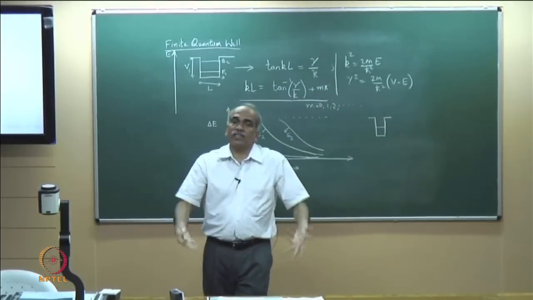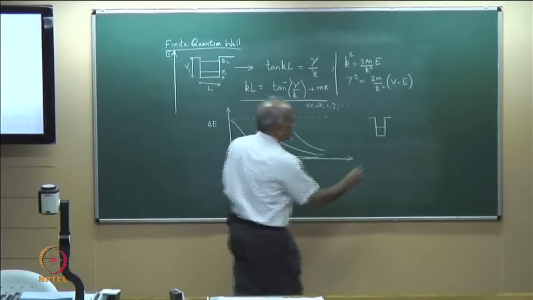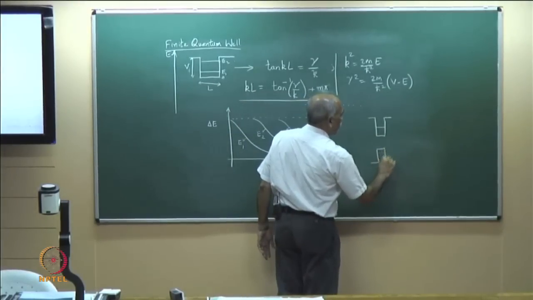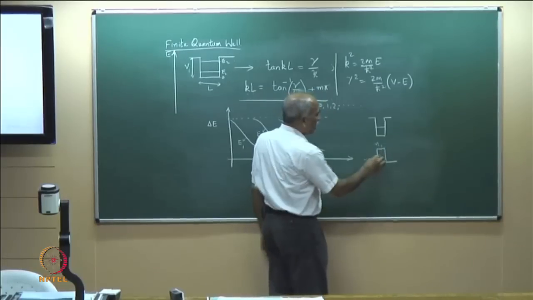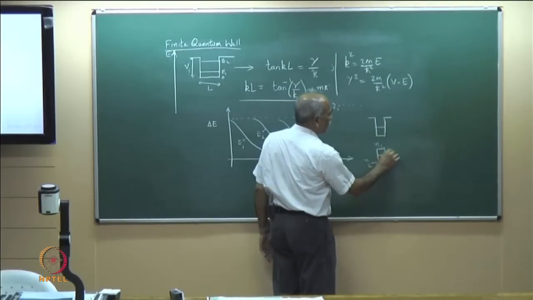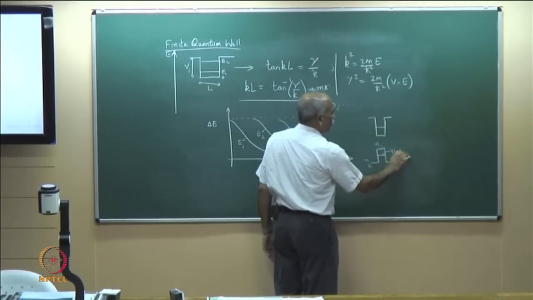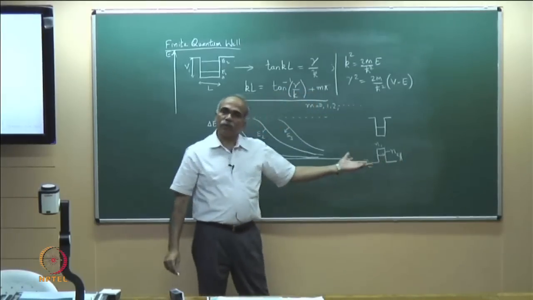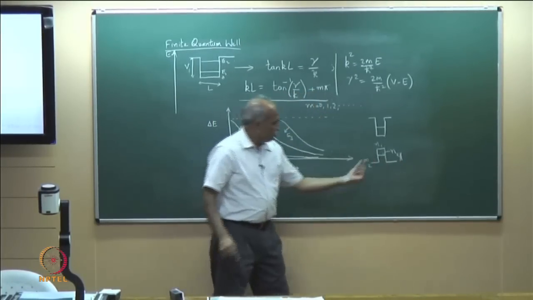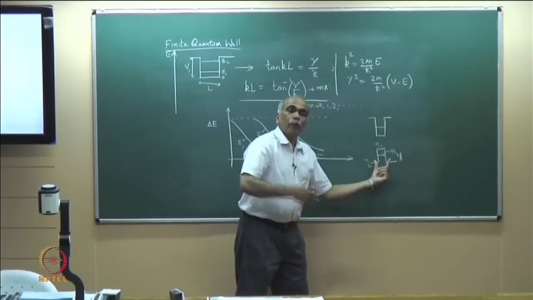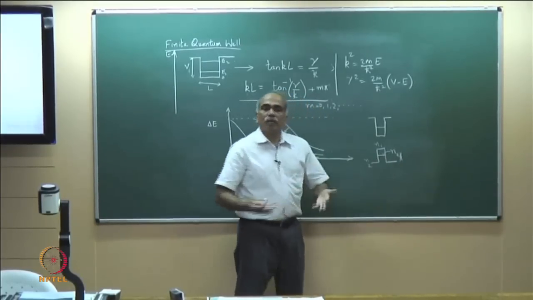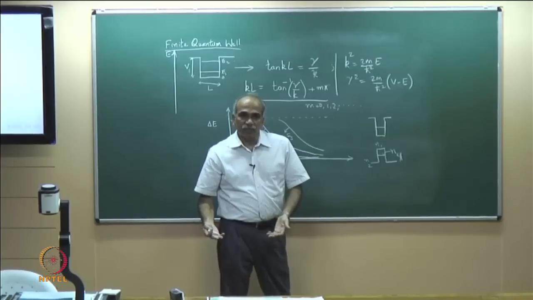Just like those who have studied optical waveguides, if you take a single mode fiber, so this is N2, this is N1, you have only one solution, which is the N effective of the fundamental mode. If you have a wider core, then it can support the second mode, third mode, it becomes a multi-moded waveguide.